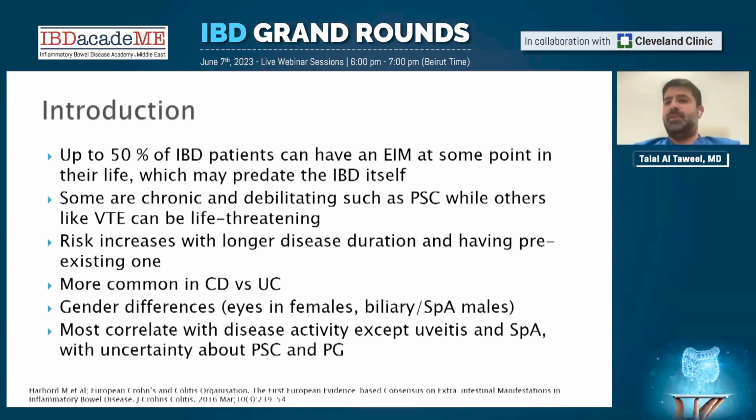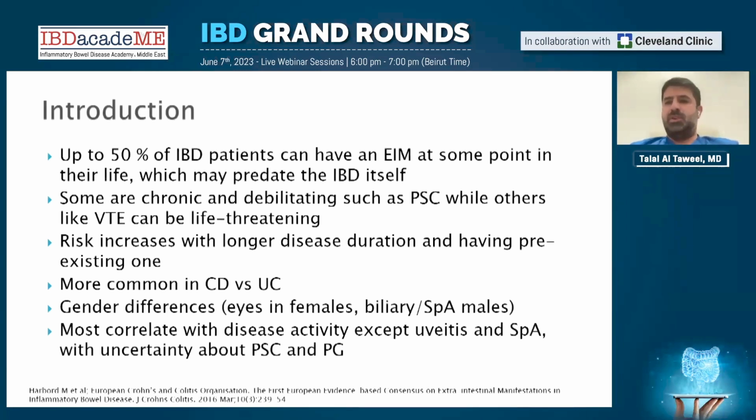The risk of having an extraintestinal manifestation increases with longer IBD disease duration, and having a pre-existing extraintestinal manifestation predisposes you to having another one. They're generally more common in Crohn's versus ulcerative colitis. There are some differences in gender, for example, the ophthalmological maybe in females, and the biliary or spondyloarthropathies in males.